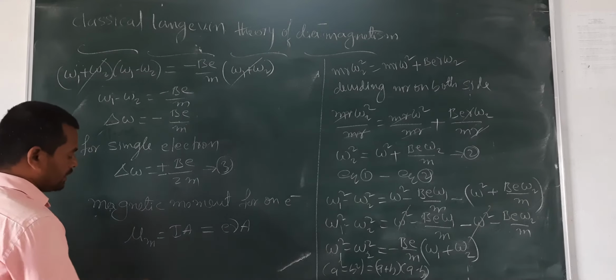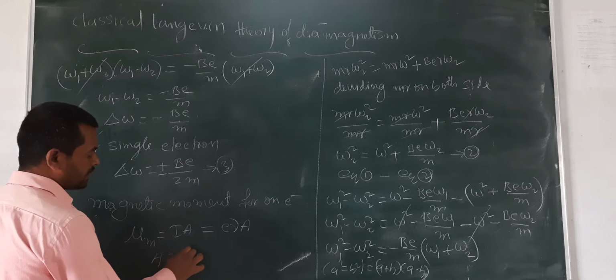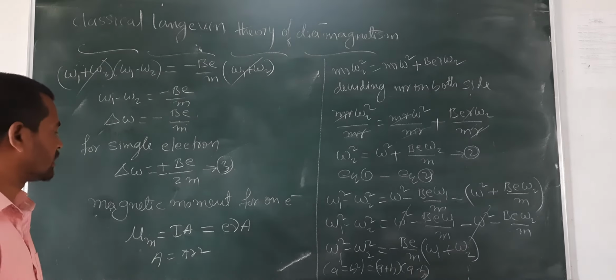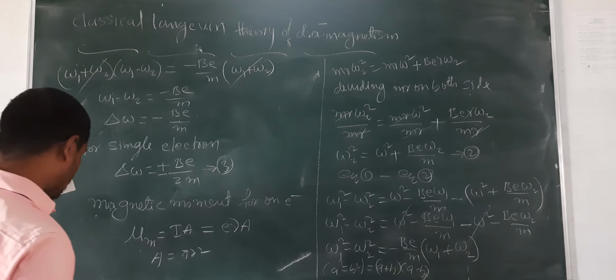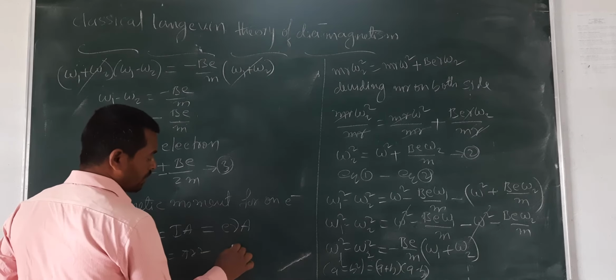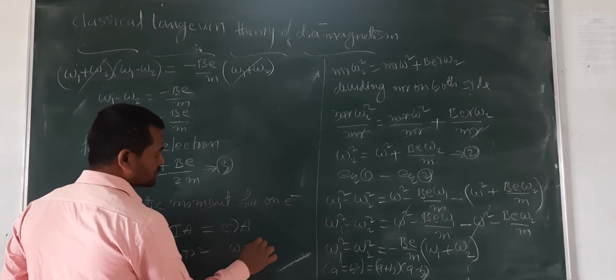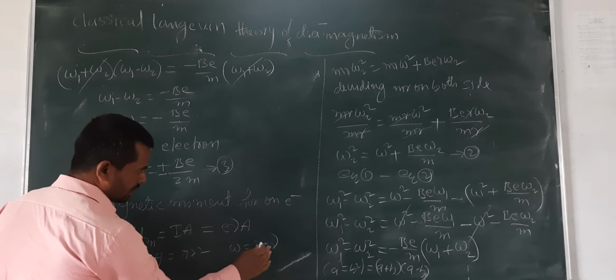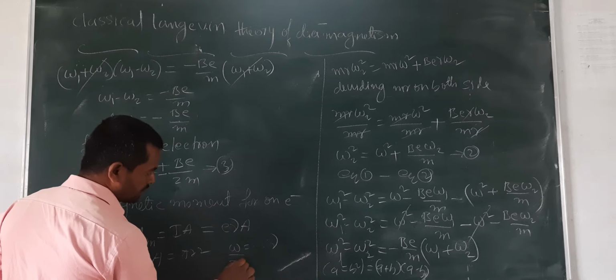But we already know the area of a circle is pi r square. And nu: generally omega is equal to 2 pi nu, so nu can be written as omega by 2 pi.